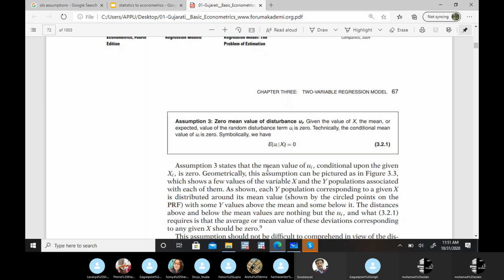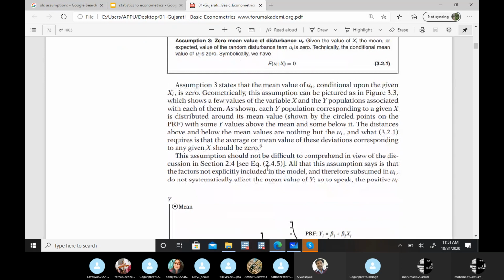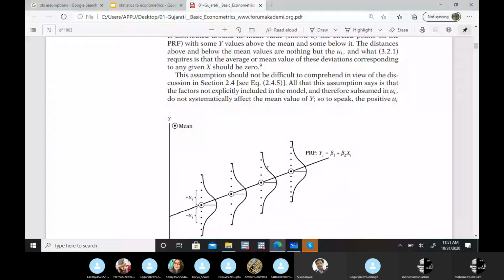It's not that they are not impacting; they are impacting, but few of the impacts are above the regression line and few below. This I'm saying in technical terms. The theoretical meaning is totally different.